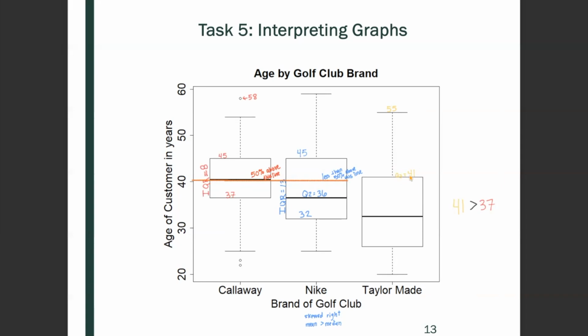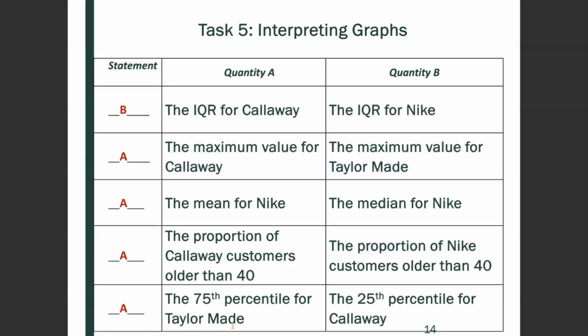If we compare 41 to 37, 41 is larger. So that means the upper quartile for TaylorMade is larger than the lower quartile for Callaway. So that would mean quantity A is larger.